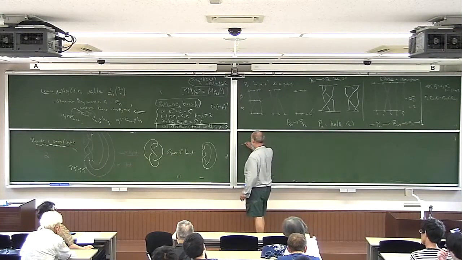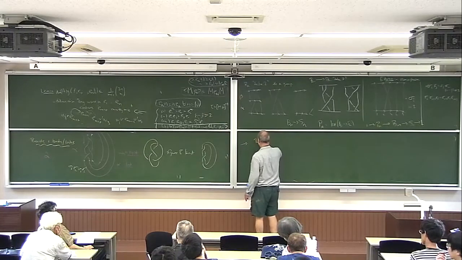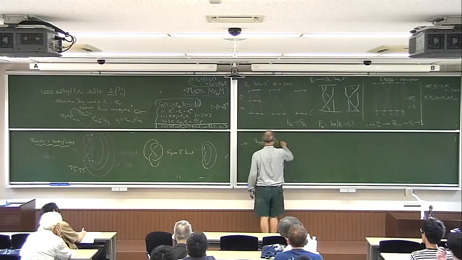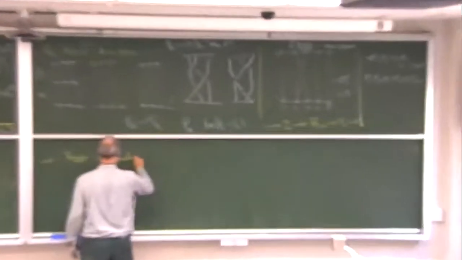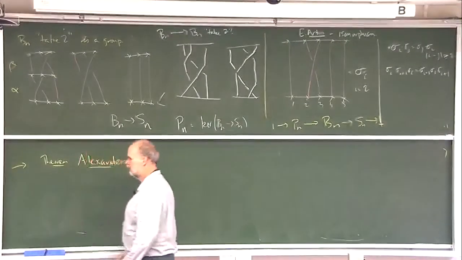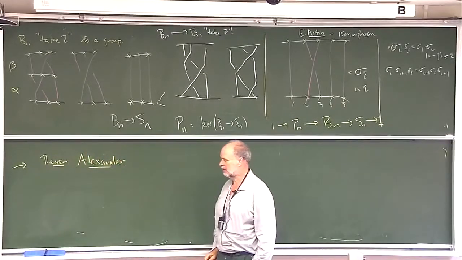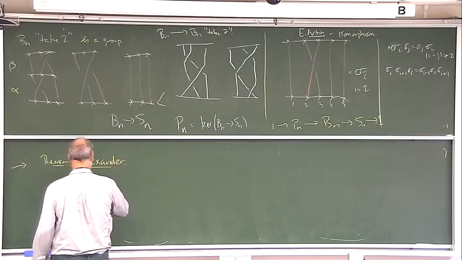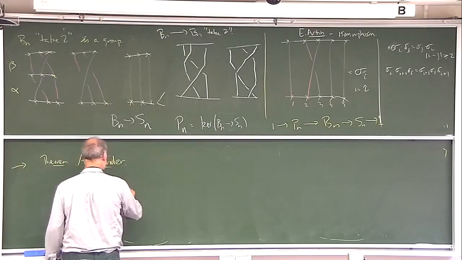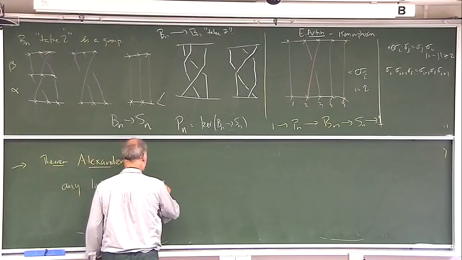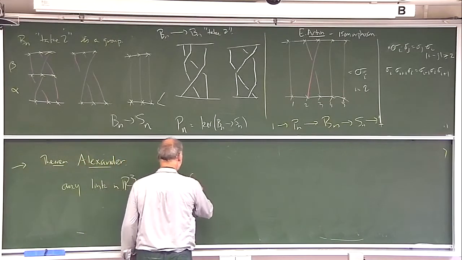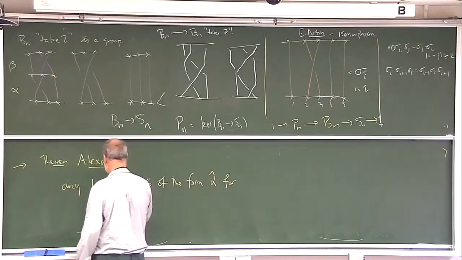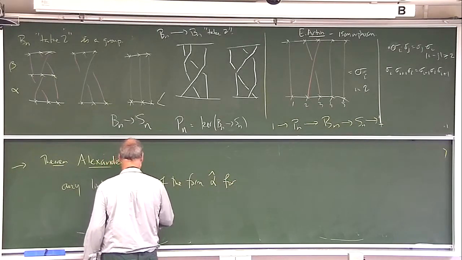So the first theorem, due to the American mathematician Alexander, is that any link in R3 is of the form alpha hat for some alpha in some B_n.